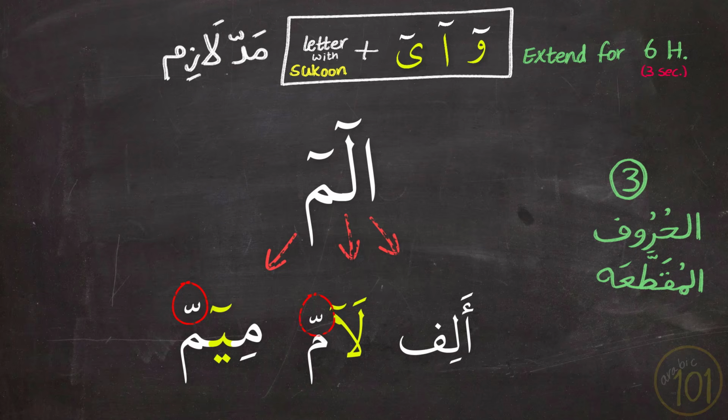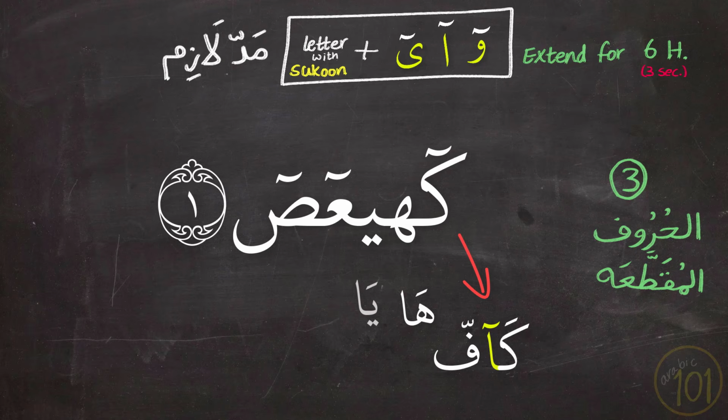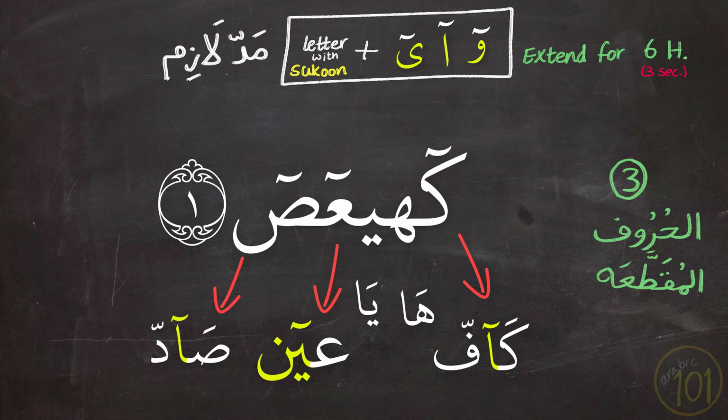Another example, can you already tell which letters should be extended for 6 harakat? Kaf, ha, ya, ayn, sad. Well, for one, you can simply make use of the med sign on top of them to make it easier for yourself.